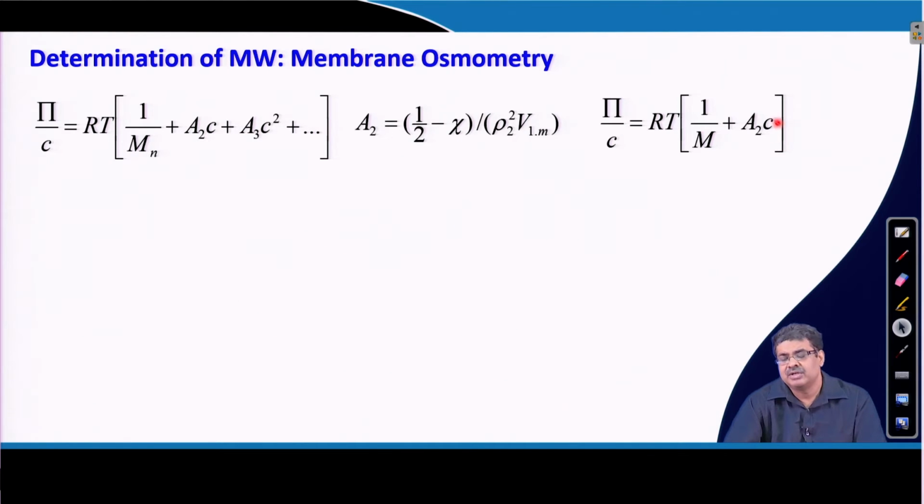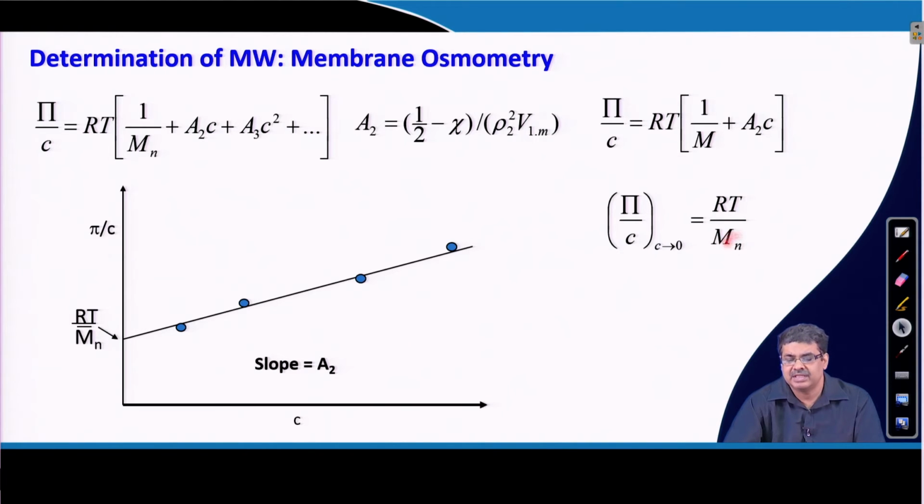If we talk about very dilute solution, then we can ignore the second order terms. So, we can just write only the A2C term, and at C equal to 0, the intercept will give us this quantity from which we can get the Mn value.